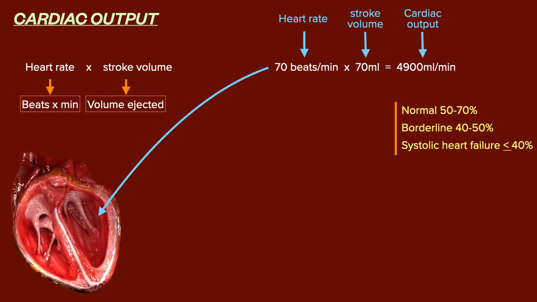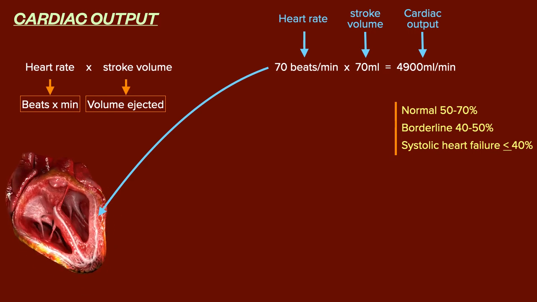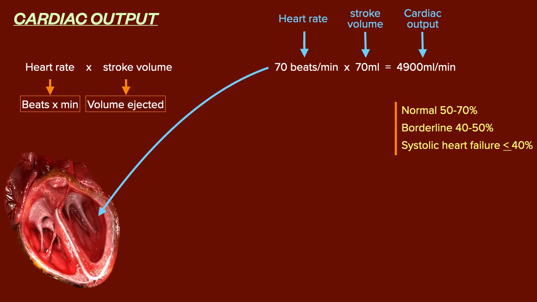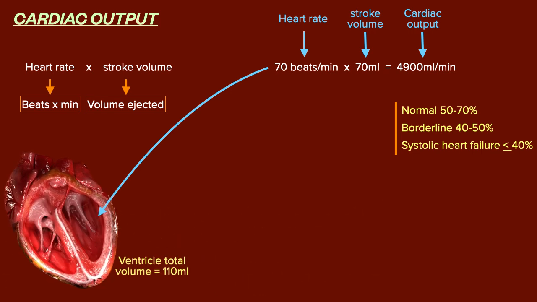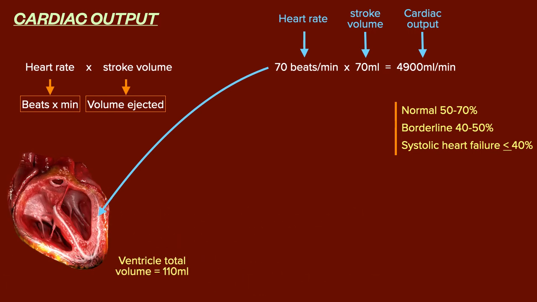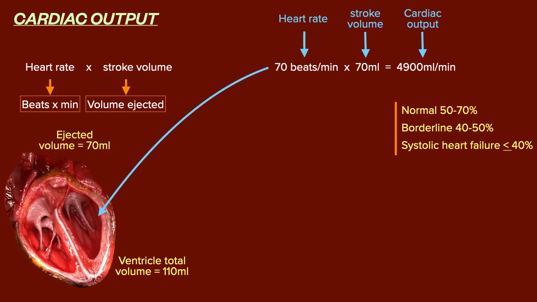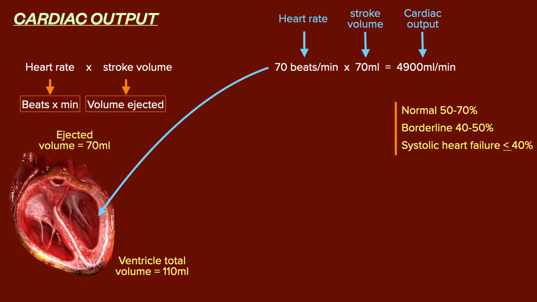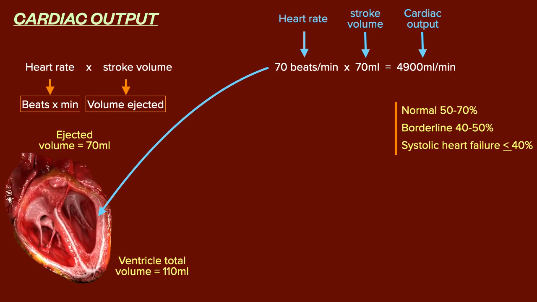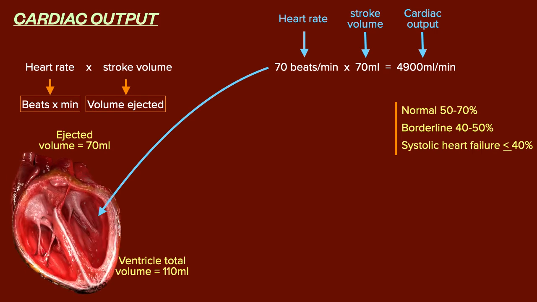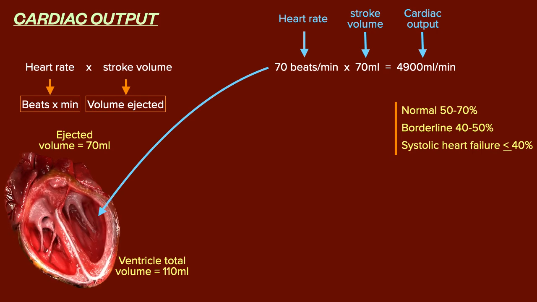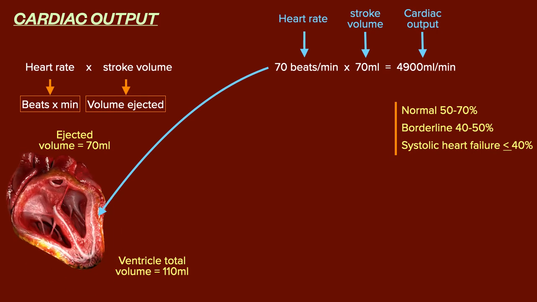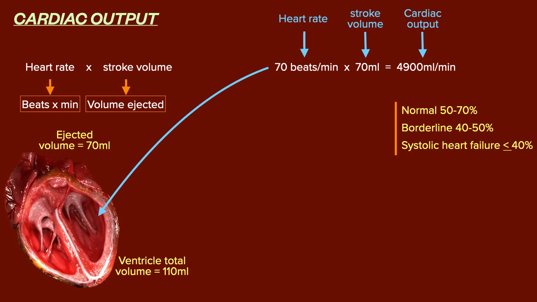So let's say the normal total volume will be like 110 milliliters, okay? And 70 milliliters is the fraction that is really ejected into the aorta with each beat. The remaining 40 milliliters stay in the left ventricle until the next beat, right?